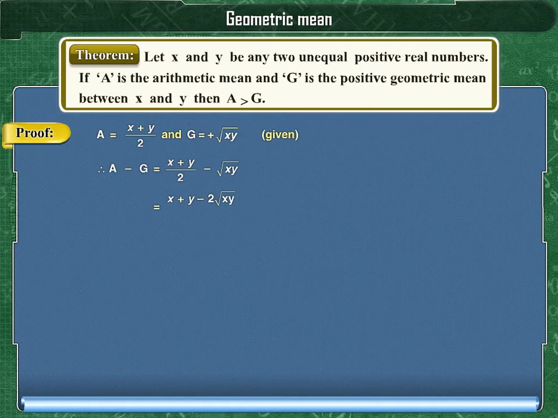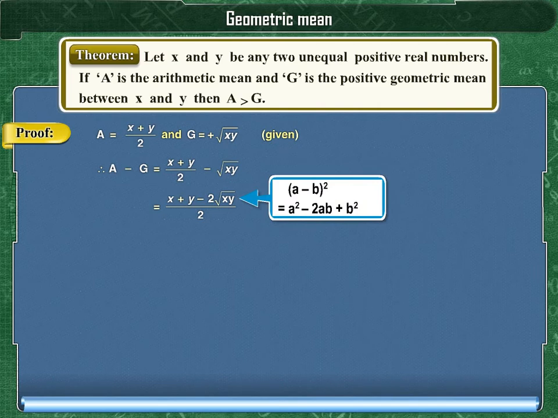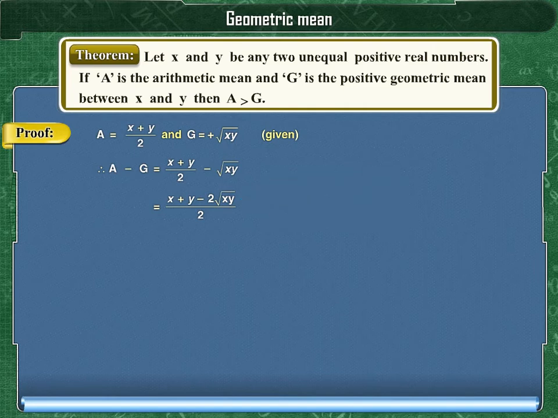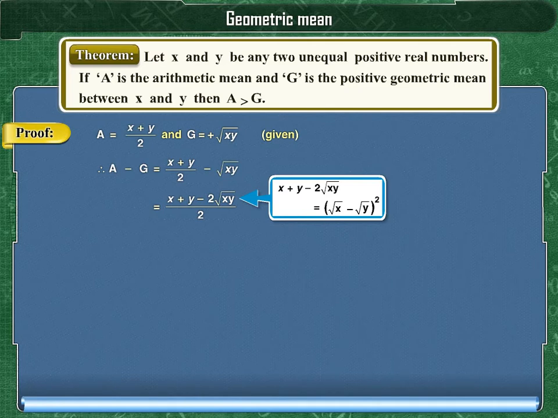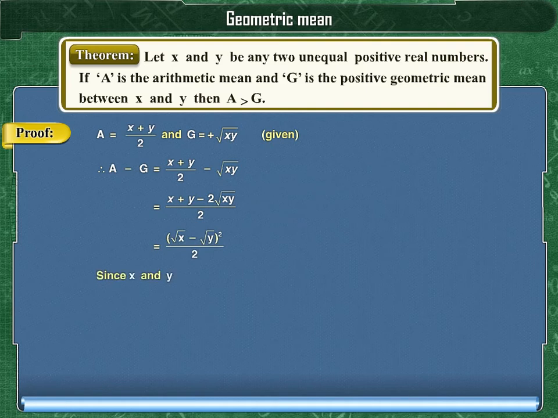Using the formula a minus b the whole square is a square minus 2ab plus b square, we know that x plus y minus 2 into square root of xy is square root of x minus square root of y the whole square. Therefore, A minus G is equal to square root of x minus square root of y the whole square upon 2. Since x and y are positive, root x and root y are real.